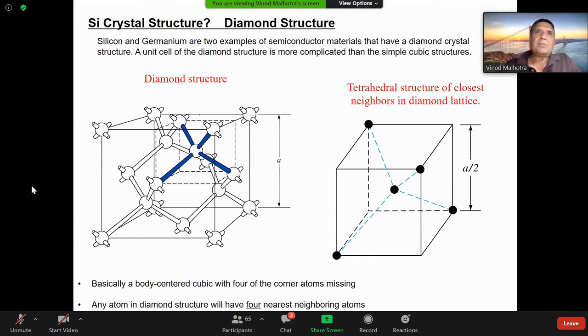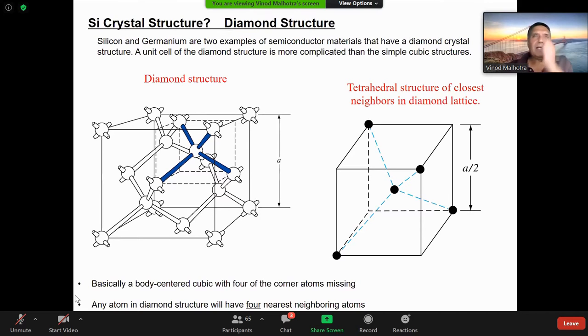Now, if all these atoms were carbon, then this would be a diamond crystal, diamond primitive unit cell, you might call it, if it was real diamond. But this is silicon. Since the structure is the same, we simply call it a diamond structure for the sake of any better name.